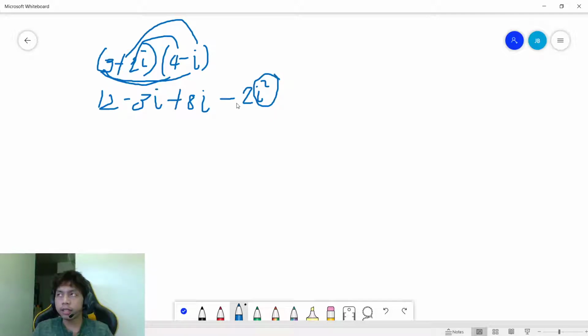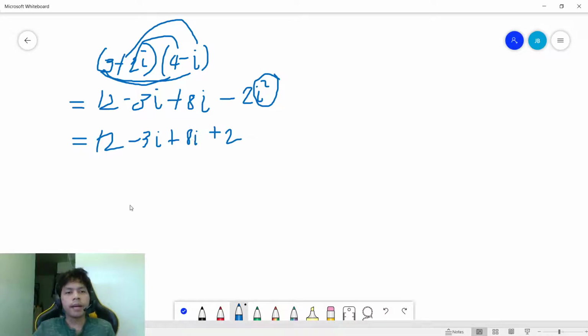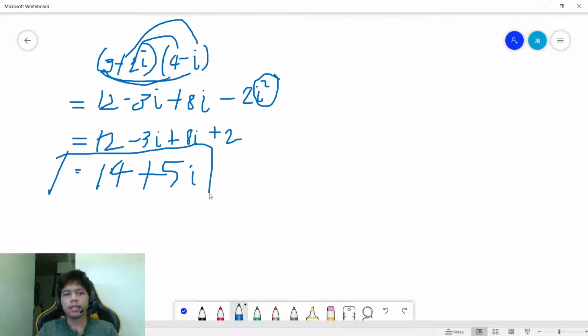So negative 1 times negative 2, that is positive 2. So therefore 12 minus 3i plus 8i plus 2. Combine the real numbers. So 12 plus 2, that's 14. Then negative 3i plus 8i, that's plus 5i. So again, this is in the form of a plus bi, so this is correct.